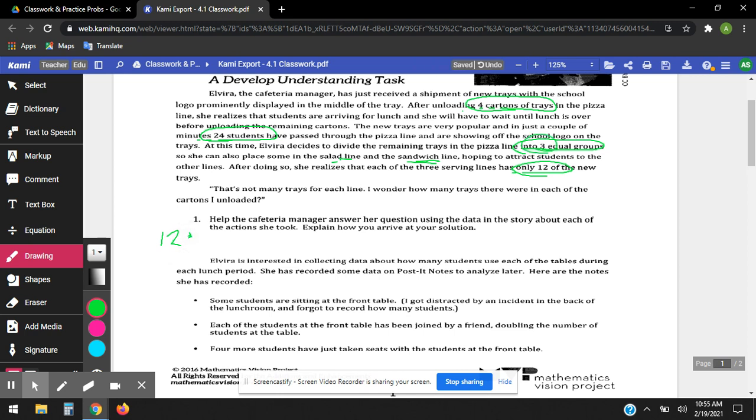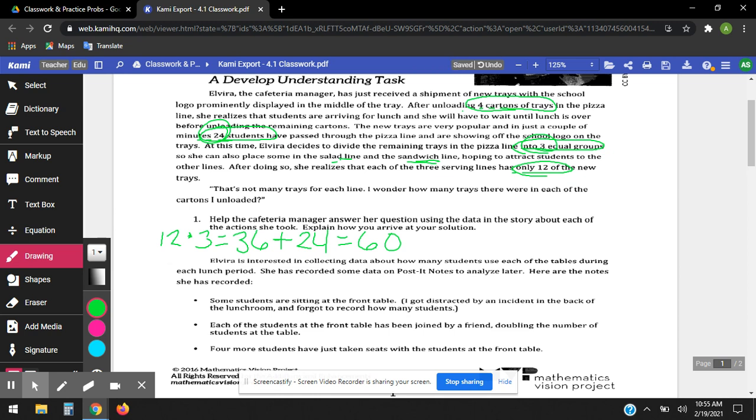So if she put 12 trays in each serving line, that means she started with 36 trays before she divvied them up. But she also had students take trays before that, and there were 24 students that took trays. So if we had 36 in the three lines and then 24 also took trays, well, now we're up to 60 trays in there.